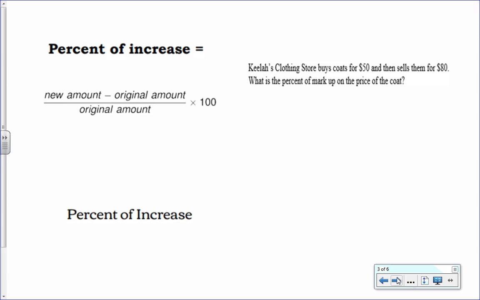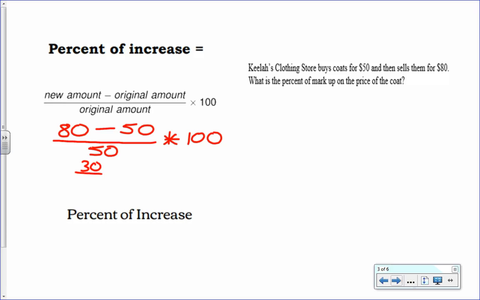So we're going to plug it into our formula. The new amount is 80, so we're going to do 80 minus 50, over the original amount, which is 50. And then we'll multiply by 100, which will change our answer into a percent. So we end up with 30 over 50 times 100.